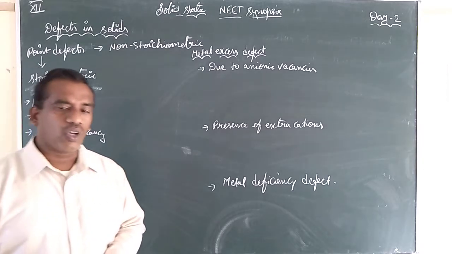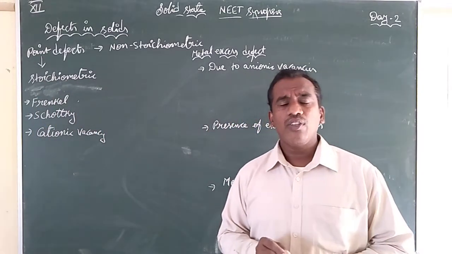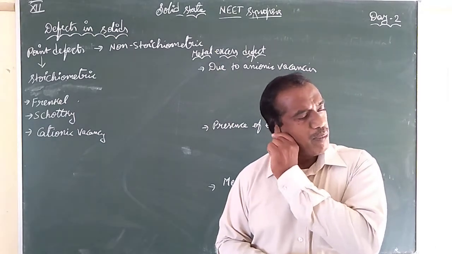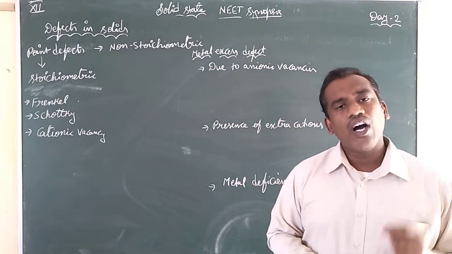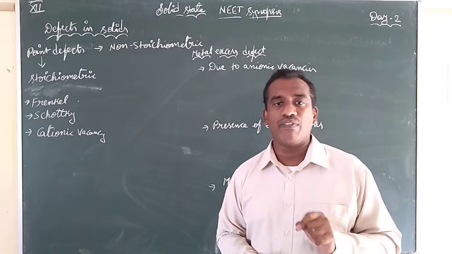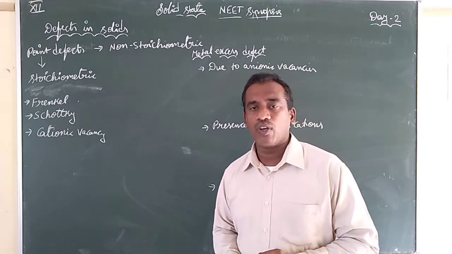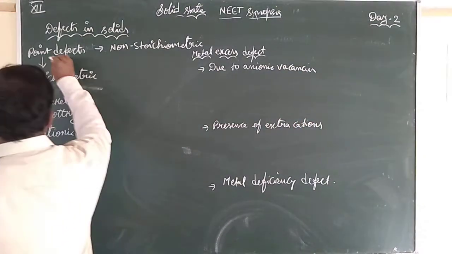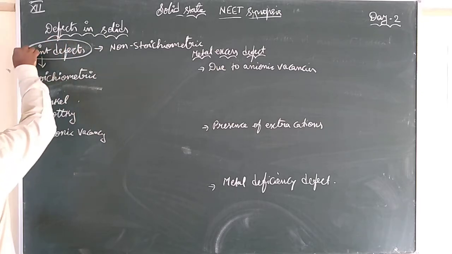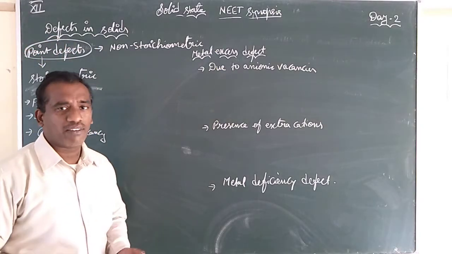So these defects in solids, or imperfections in solids: the defect may be a balanced defect or it may be an unbalanced defect. If the defect is a balanced defect, we call it a stoichiometric defect. We are seeing only point defects; we are not highlighting line defects, which are not in our syllabus.